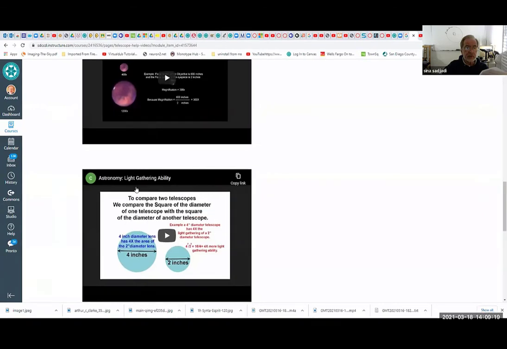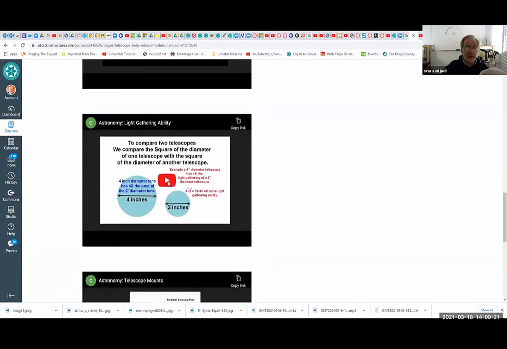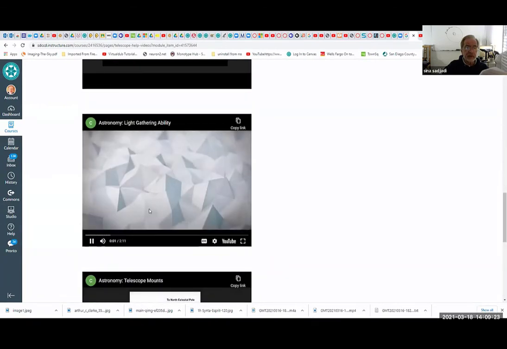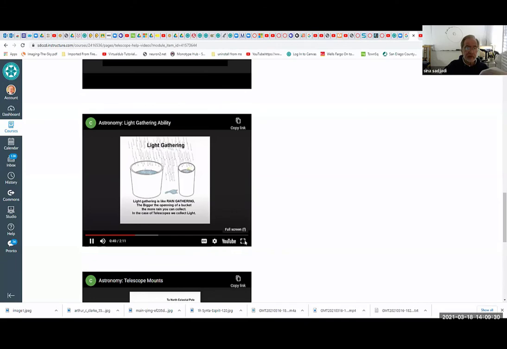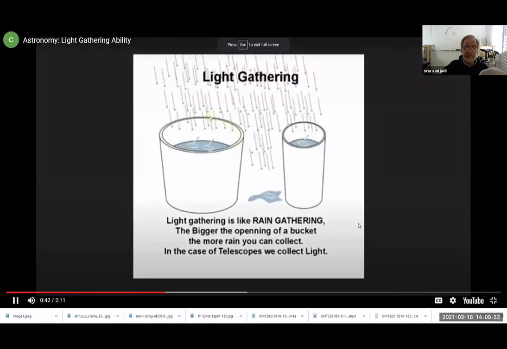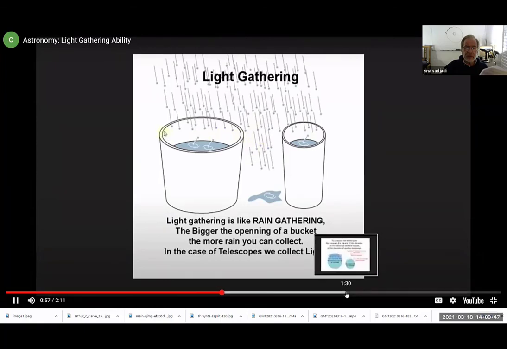All right, so light gathering. I would watch every one of these little videos. This one is 2 minutes and 11 seconds. So what I said here is, per bucket, it seems that the area and the diameter of the buckets are all important in gathering the rain. Now, if we pretend that the rain is photons of light, we can see the bigger the diameter of our objective telescope lens or mirror, the more light we can collect.